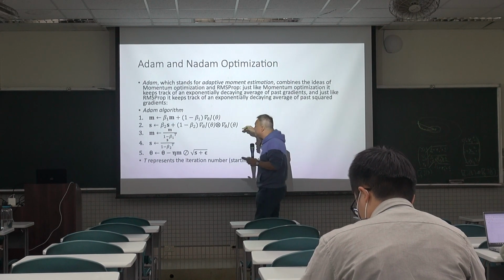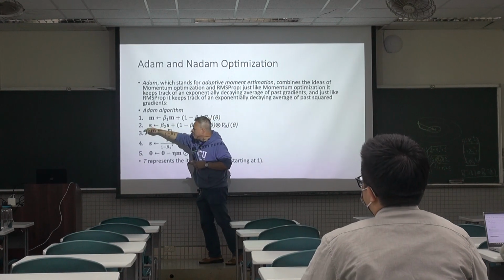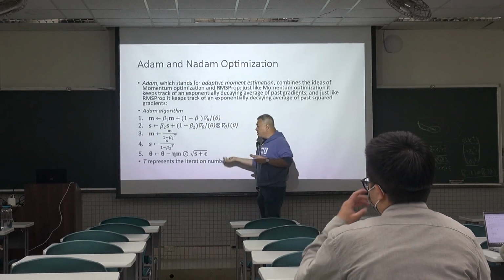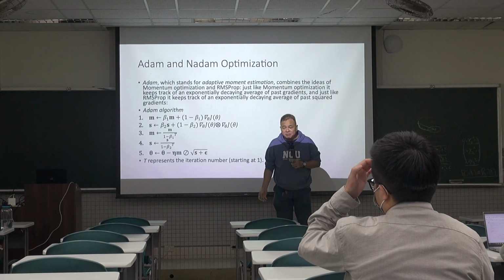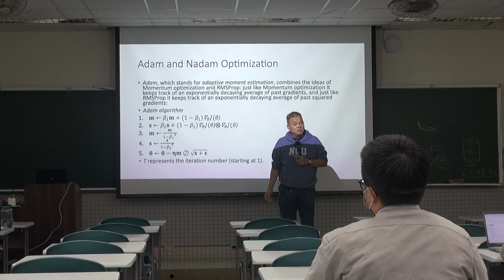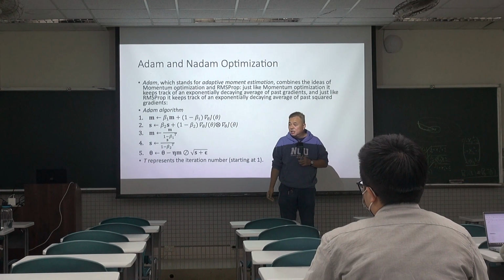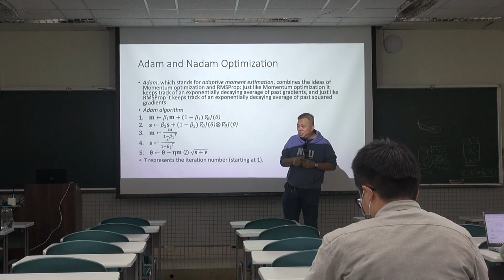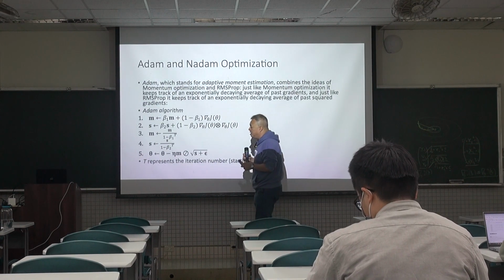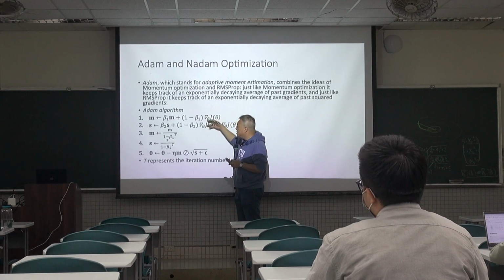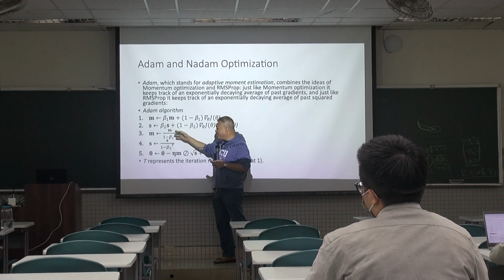If you look at the second line, it looks just like RMS prop, right? So basically, it takes advantage of momentum and RMS prop. Okay, so you may wonder what is the third and the fourth line.